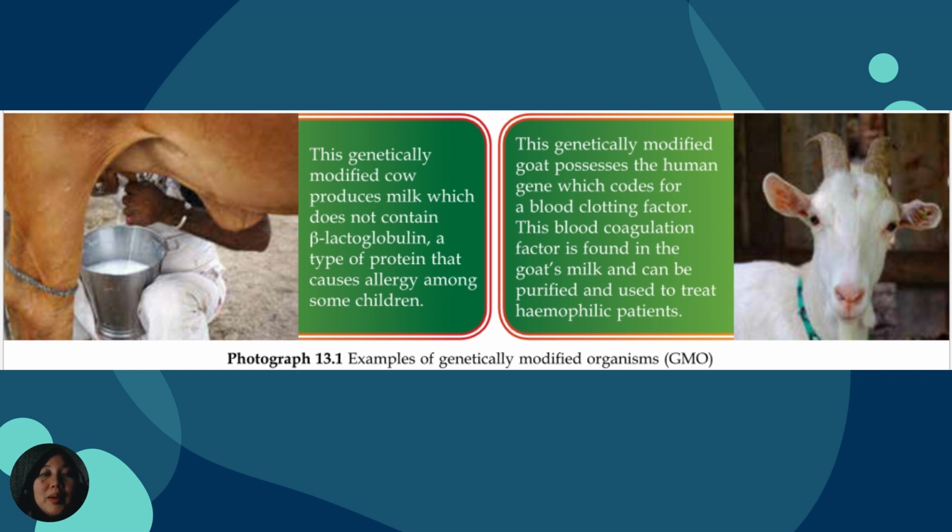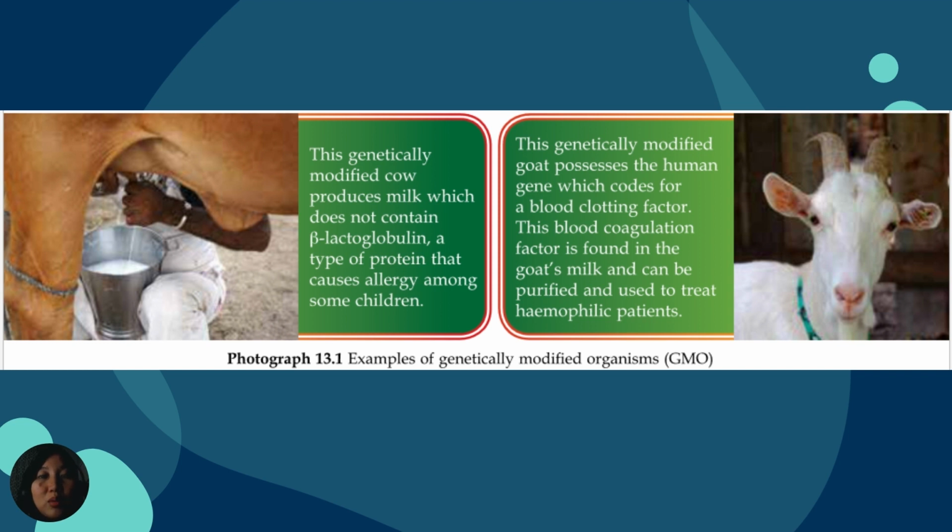Orang yang hemofilik ni, dia mempunyai masalah darah lambat membeku. So dengan ini, apa yang saintis buat, sebab orang yang hemofilik ni dia kurang faktor pembeku, faktor pembeku tu dimasukkan kepada kambing. So kambing ni akan menghasilkan susu kambing, dalam susu kambing tu dia ada faktor pembeku tu.